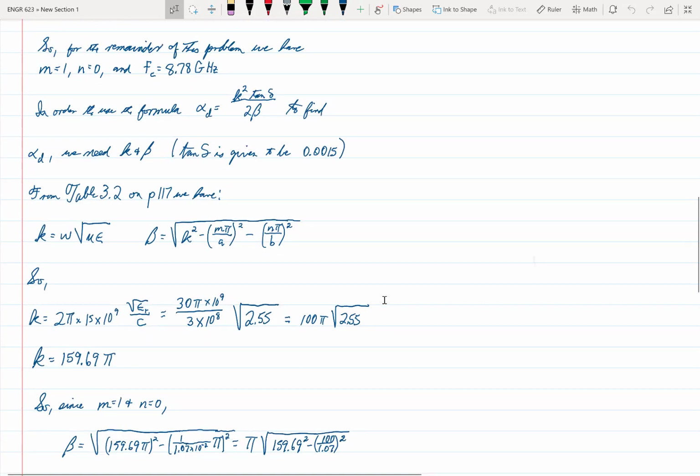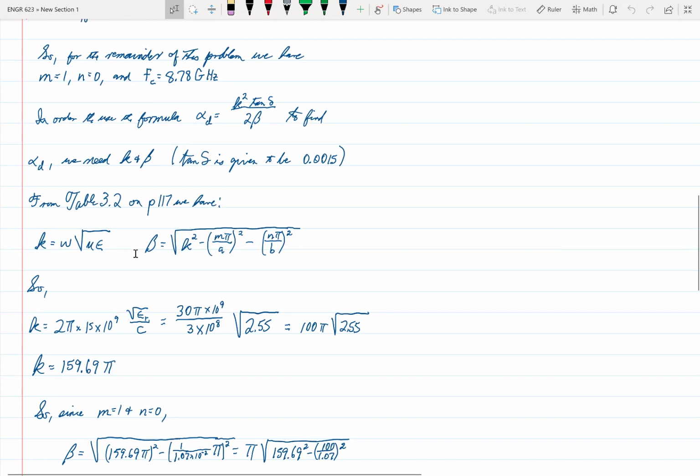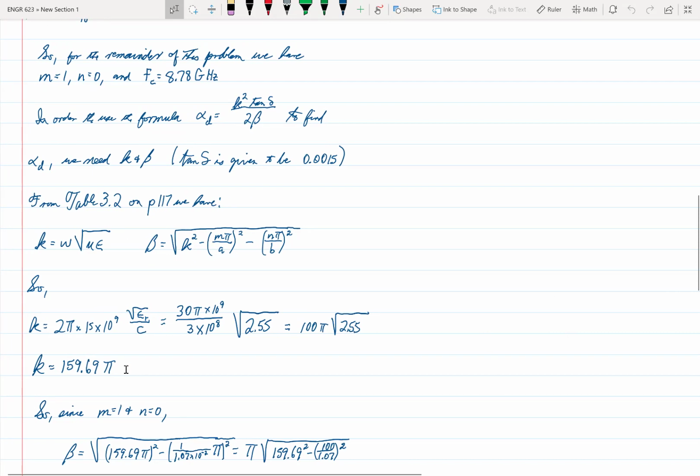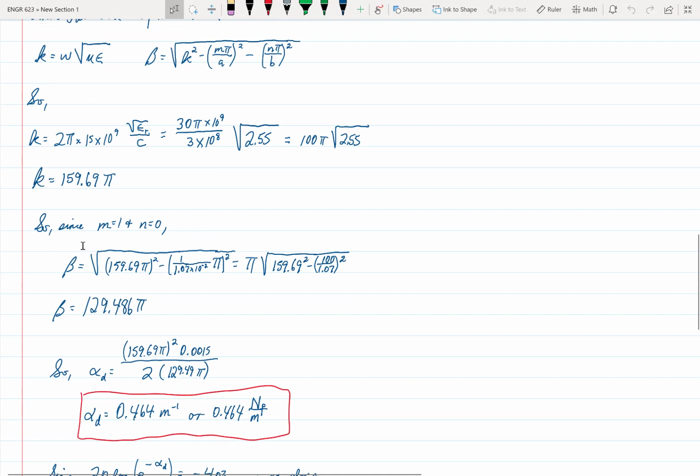Turning once again to table 3.2 on page 117, we have this formula for k, omega times the square root of mu epsilon, and beta is equal to square root of k squared minus m pi over a squared minus n pi over b squared. So obviously we need to find k first, and then we can find beta. K is very simple, and it turns out to be 159.69 pi. And then when we plug that into the expression for beta, along with m equals 1 and n equals 0, we get beta is 129.486 pi.